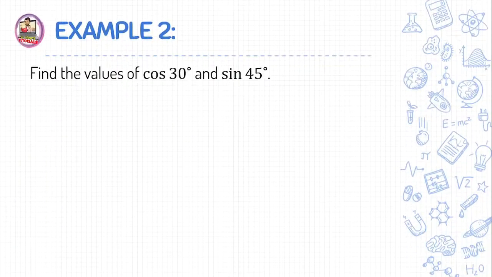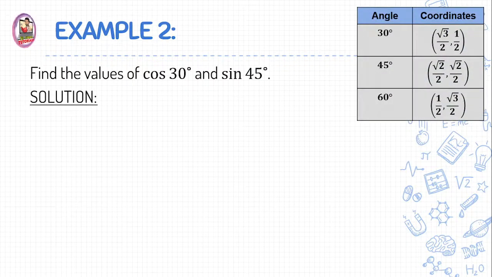Example 2. Find the values of cosine 30 degrees and sine 45 degrees. So we have this solution. Of course, we will be needing this table, but if you have already memorized the coordinates of these angles, then there is no need to refer to this table.